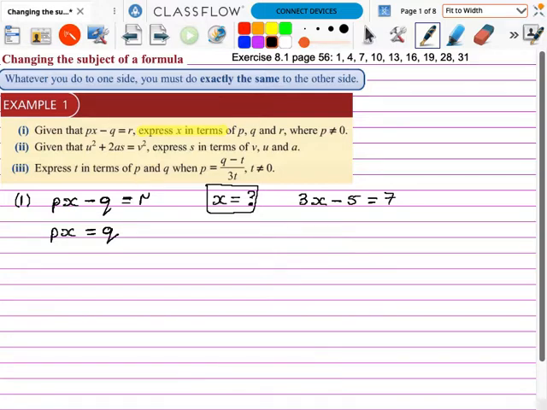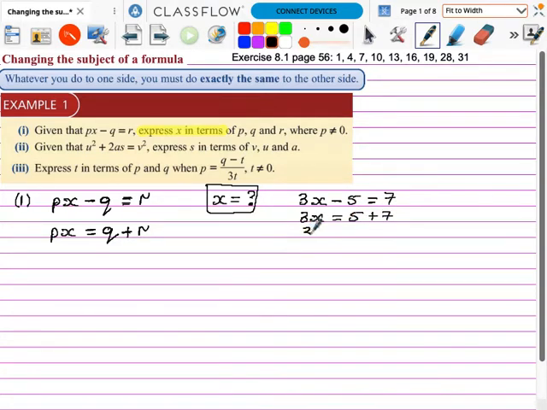So what about the r? Is it staying or is it going? And it's staying because it doesn't involve an x, and so therefore it's on the correct side, so the plus r is now staying.